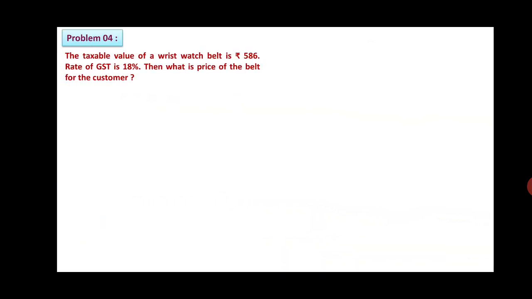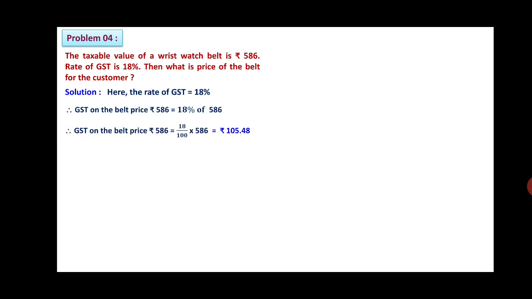We will continue with the next problem, that the taxable value of a wristwatch belt is rupees 586. Rate of GST is 18%. Then what is the price of the belt for the customer? Friends, if the rate of GST is 18%, GST on the belt is 18% of 586, that will be 18 upon 100 into 586, that will give you rupees 105.48.